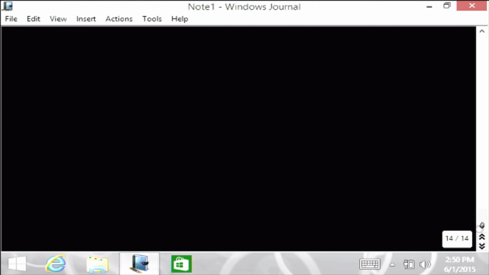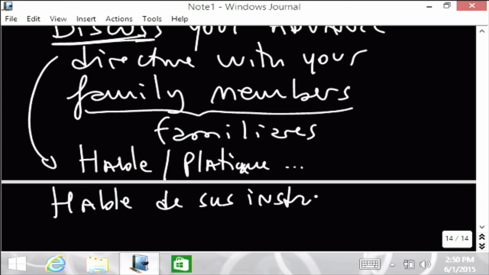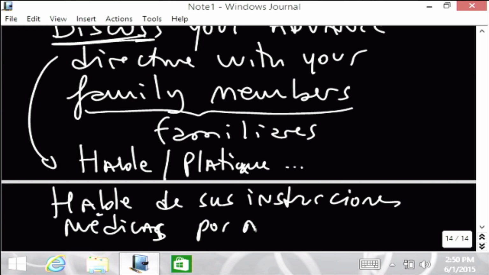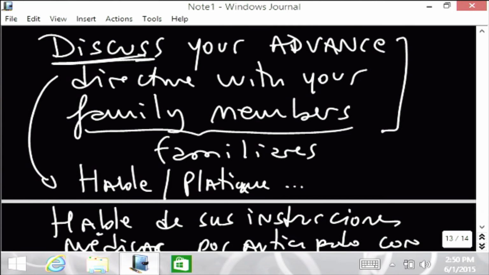Now, let's look at the structure here. If I say, for example, hable de sus instrucciones médicas por anticipado con sus familiares, this is equivalent to the structure that you have in English.